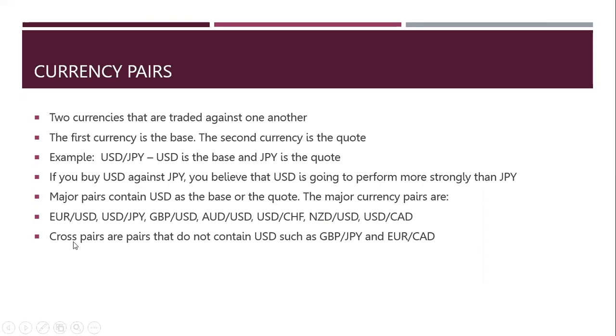You have cross pairs that are pairs that do not contain USD, such as GBP JPY and Euro CAD. With the major pairs, just remember USD will be in the base or the quote, okay? And quote, you may see counter as well.